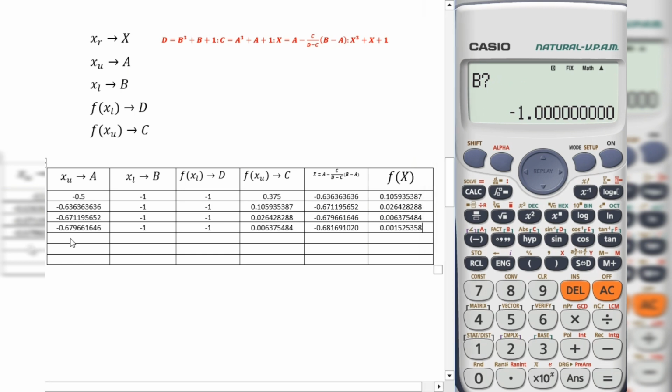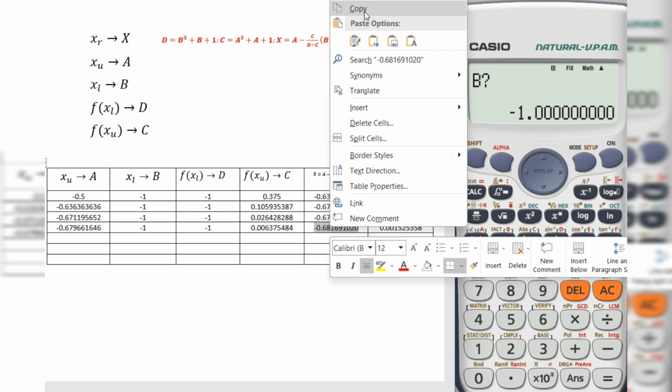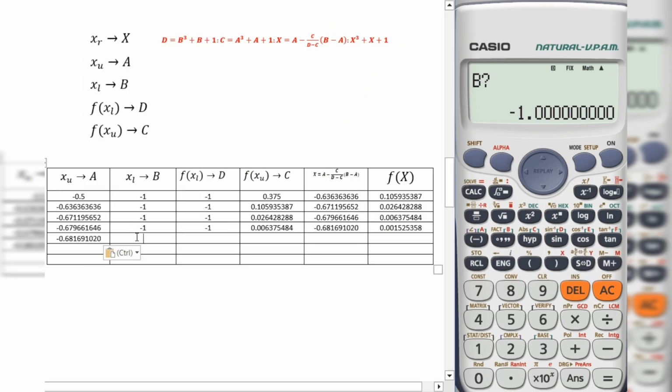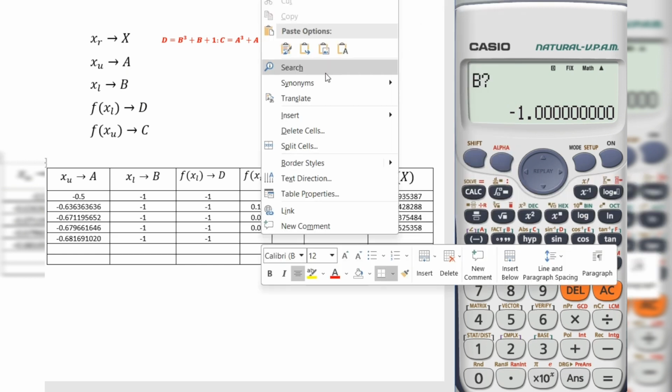Again B is equal to minus 1 and A is equal to this value. B is equal to minus 1, D is equal to minus 1 and C is equal to this value.